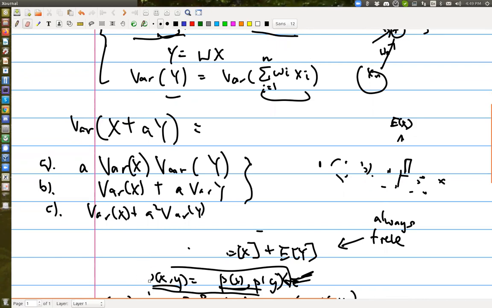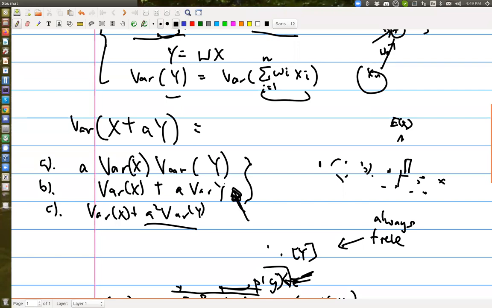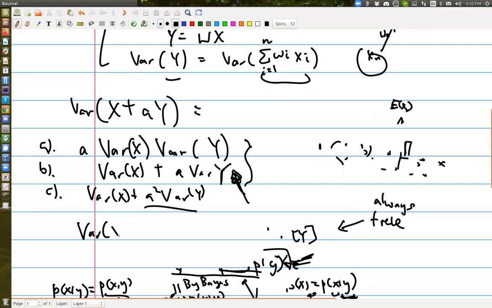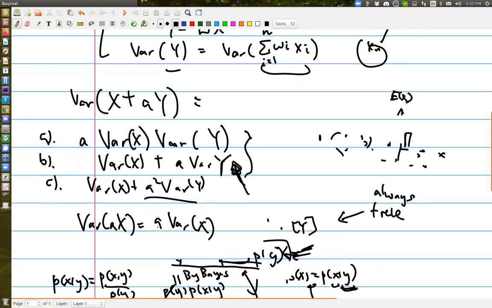Okay, that's good. Yeah, that's very good. There's a tendency that if I don't give you this choice, many students, from my experience, will think that the variance of ax is equal to a times the variance of x. But be very careful.